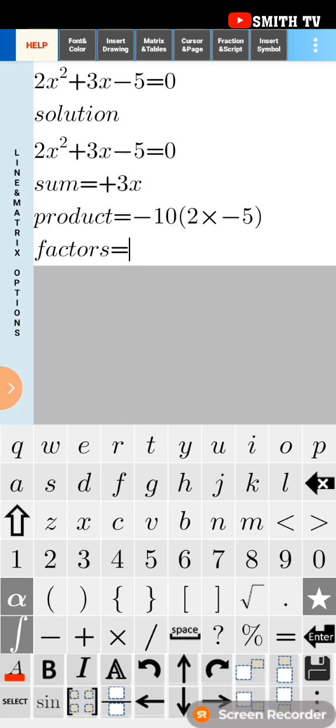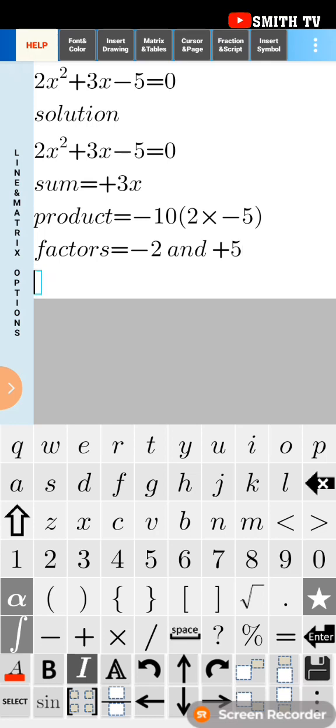Those factors are minus 2 and plus 5. Five minus 2 gives me 3, and minus 2 times plus 5 gives me minus 10. So you get the factors now.